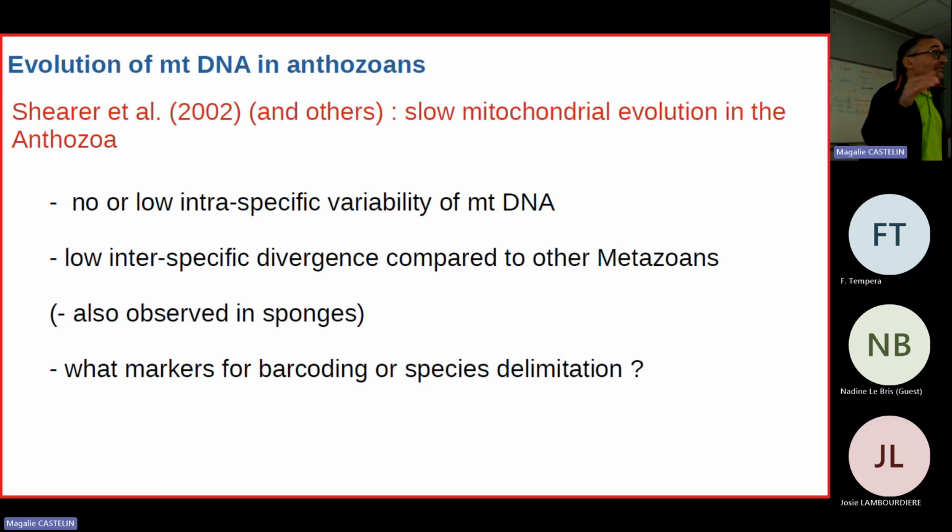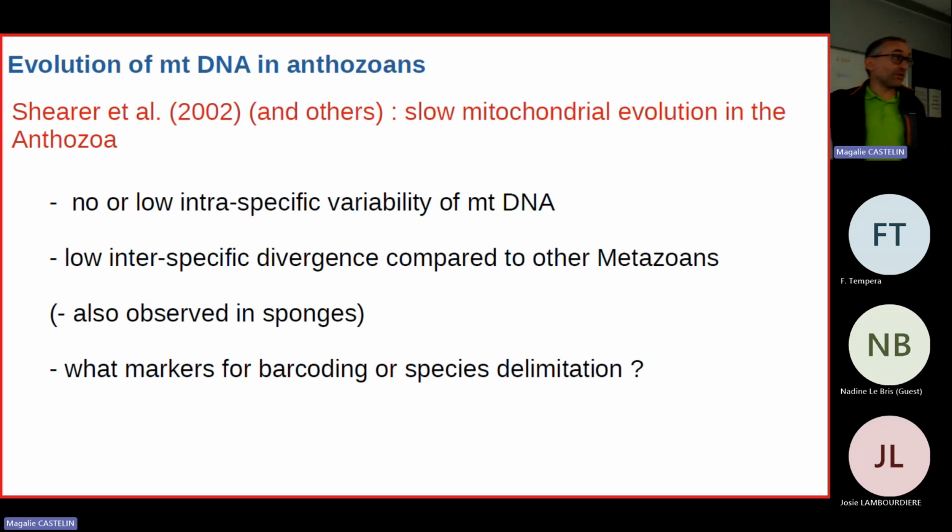That means that in some cases, mitochondrial DNA was identical among the different samples you see for one species, which is more problematic if you want to use it for barcoding, for example. We have very low divergence, very low differences between species when compared to other metazoans. So just to mention, it's not specific to Anthozoans. For example, this is also observed in sponges.